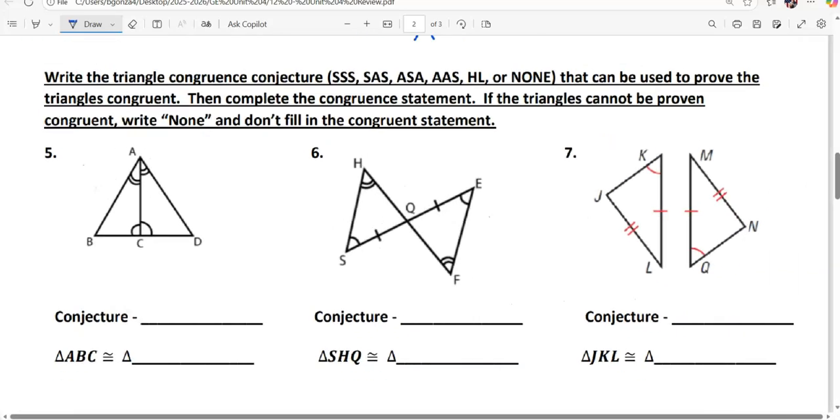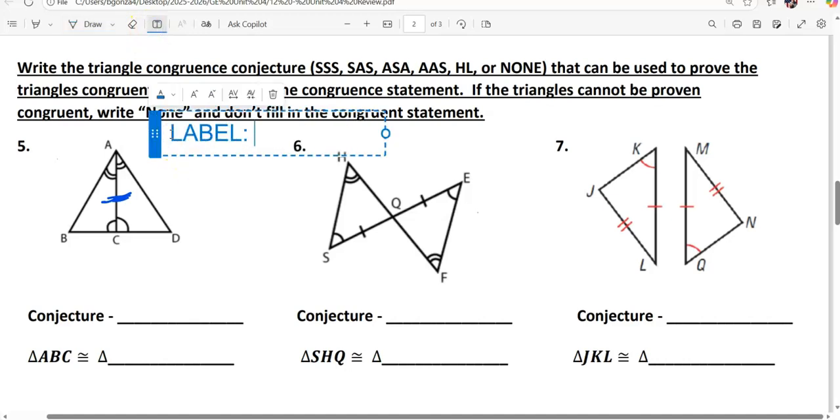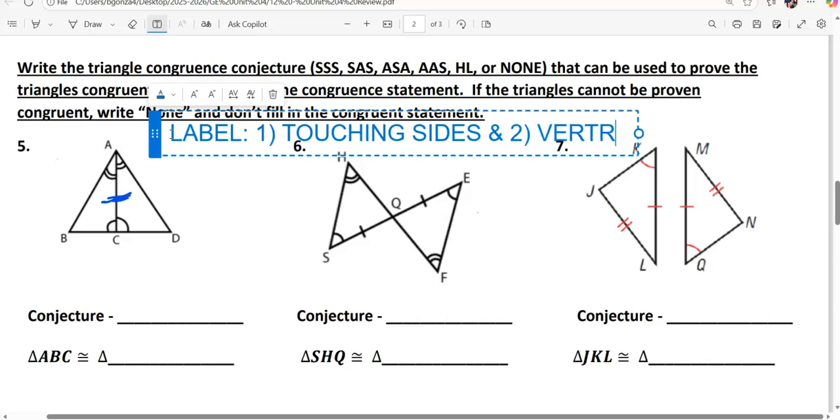Okie dokie. Now, our favorite stuff to do here. Please remember, when they're touching, you have to put a tick mark. Okay? So you have to label touching sides and vertical angles.